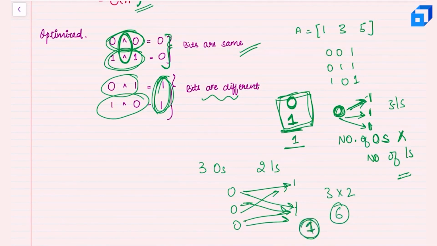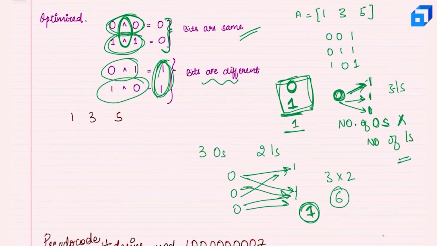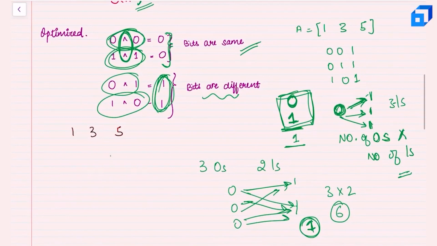So essentially, now what can we do? Instead of forming the separate pairs, given 1, 3, 5, what I can do is simply represent them in binary form. For 1 I'll get 001. For 3 I'll get 011. Then for 5 I'll get 101, right?